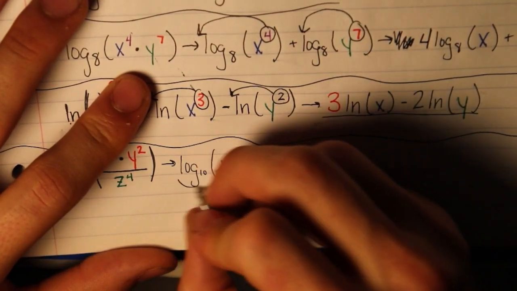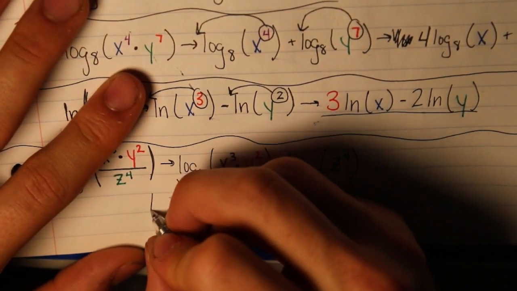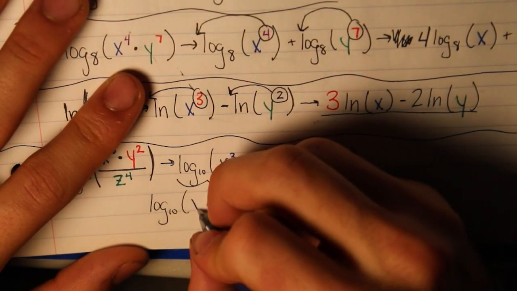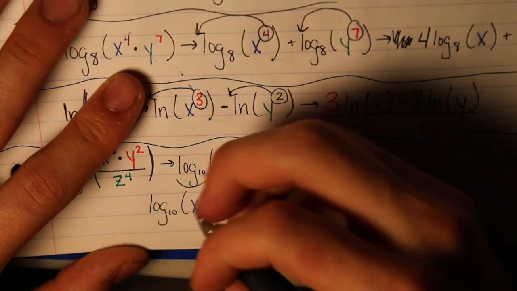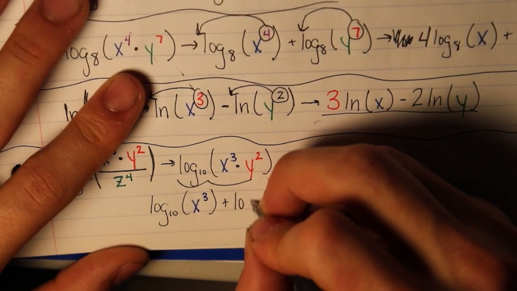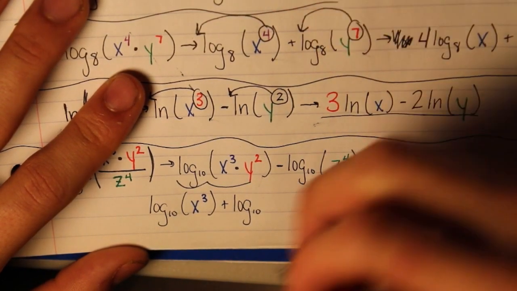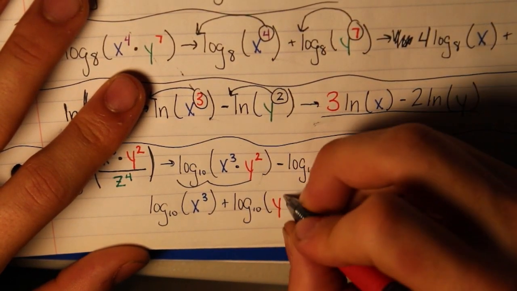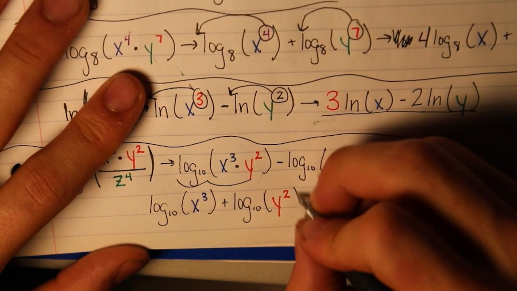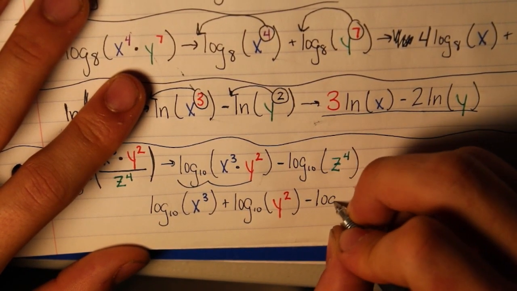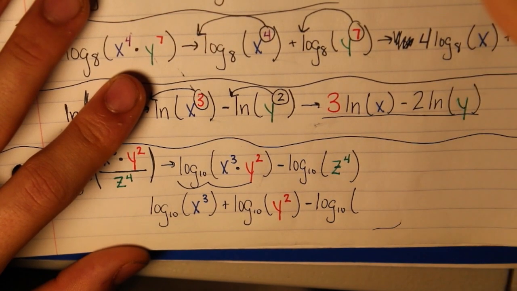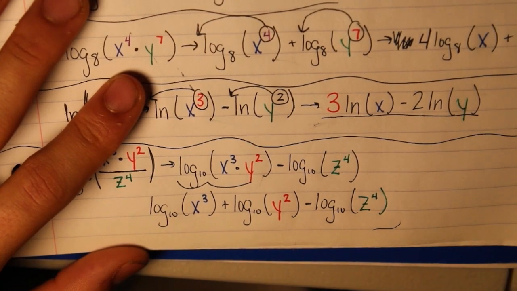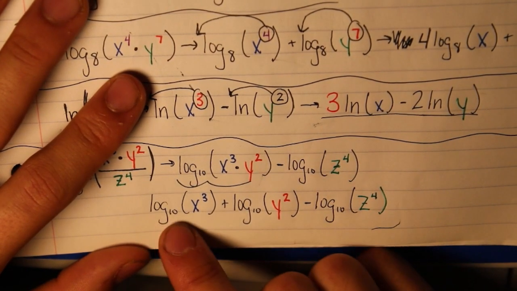So we're going to make that into log base 10 of x cubed plus log base 10 of y squared minus still log base 10 of z to the fourth. All right, that's what we're going to have, this right here.